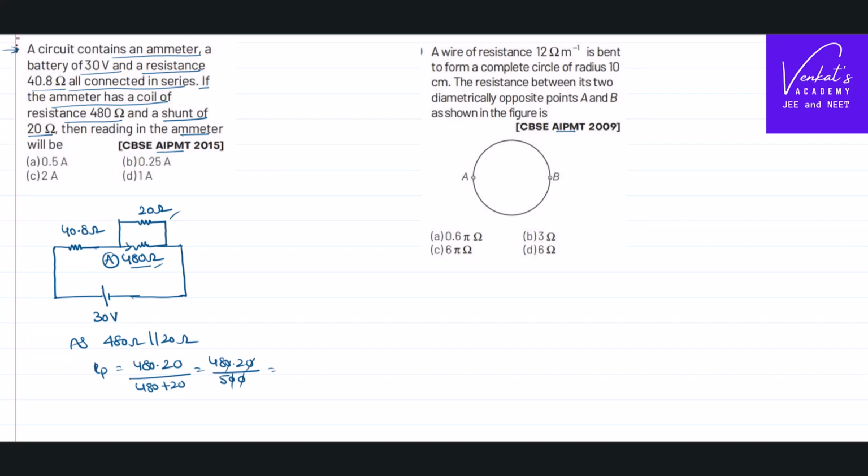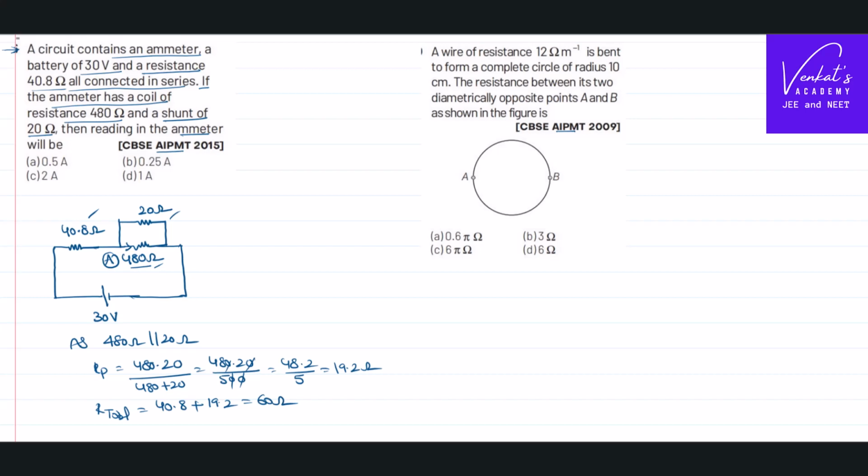So, what is remaining is 48 into 2 by 5. When you calculate that, it becomes 19.2 ohms. For that 19.2, this 40.8 is in series. Therefore, R total of the circuit is 40.8 plus 19.2, that is 60 ohms.